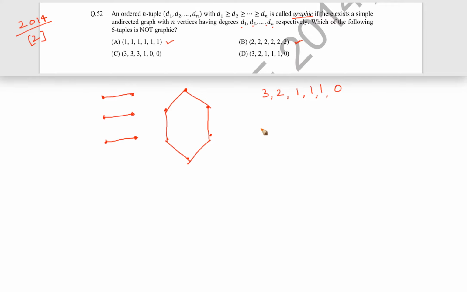The Havel-Hakimi theorem says that a graph is possible from this sequence only if, when you take the first degree, 3, and decrease 1 from each of the next 3 numbers, the result is still graphic. What they are trying to say is that if you have removed this vertex and it has degree 3, then from 3 other vertices you must have removed 1 degree each. That is the way of saying it, but in this theorem you can apply it directly like this.